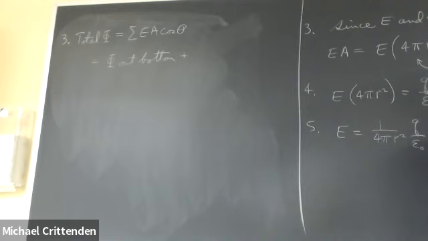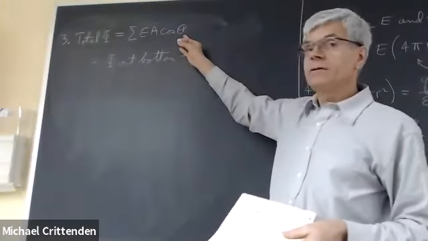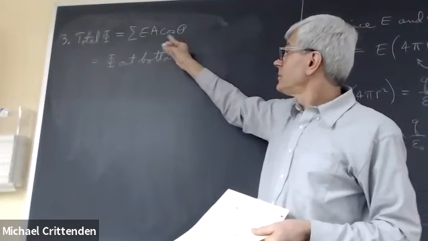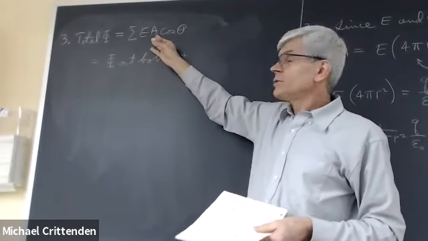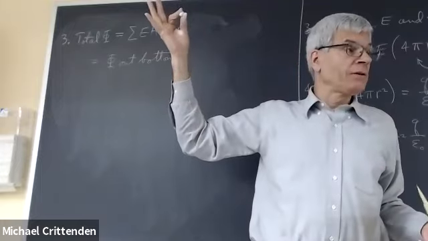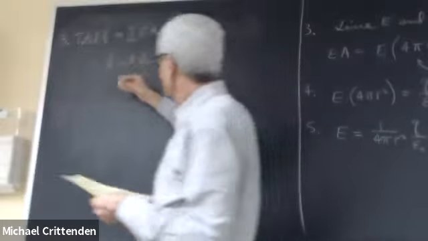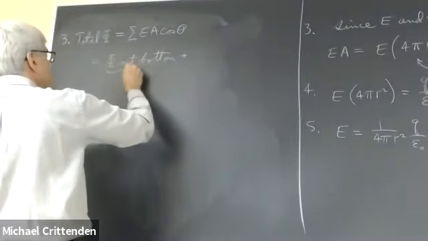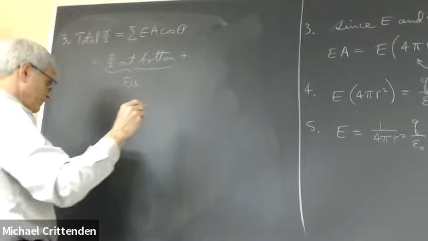The area vector by convention always points outward. So E and A are parallel to each other on the bottom. Cosine of 0 degrees is 1. So the field through the bottom, which by symmetry would be the same as the field through the top. It's the same distance away from the sheet. Field through the bottom times the area of the bottom.